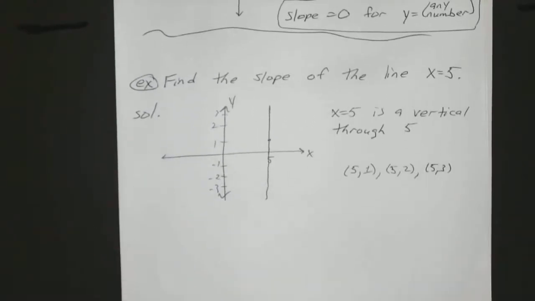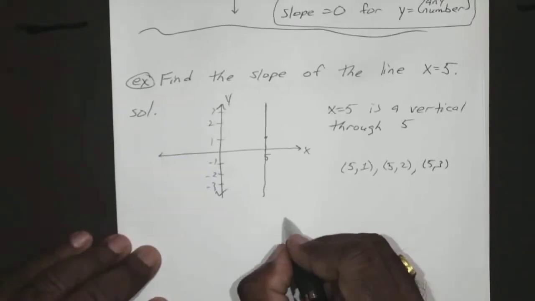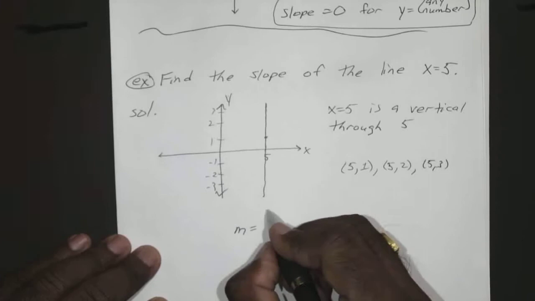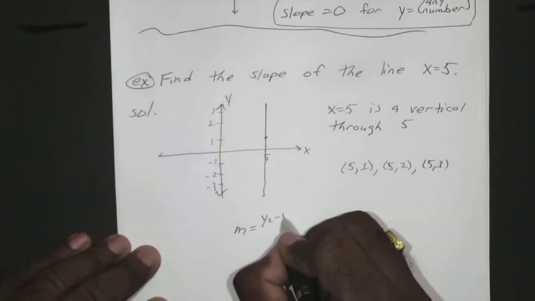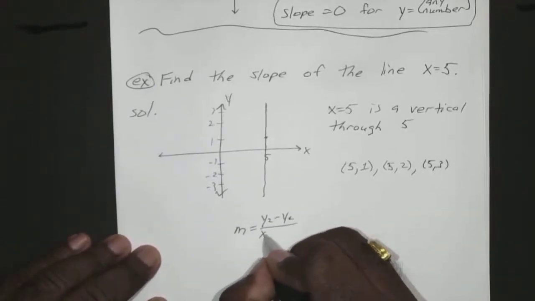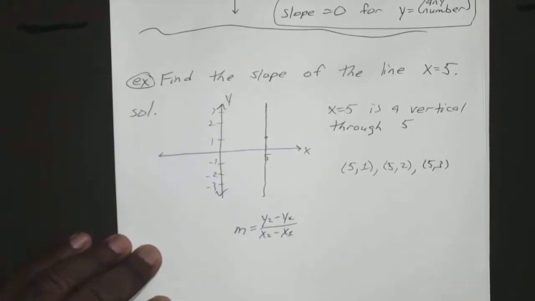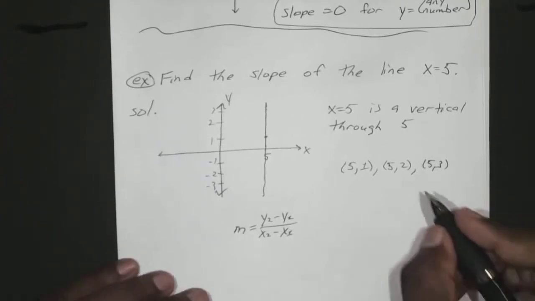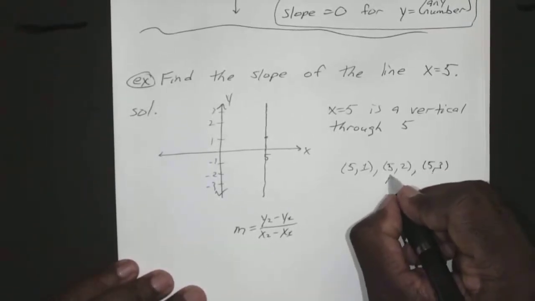Okay. Now the difference between the slope of y equals some number and the slope of x equals some number is a little bit different. So let's say you wanted to look for the slope using y2 minus y1 over x2 minus x1. We can pick any one of those points, and they'll all give you the same slope. So let's say we pick these two, just because.